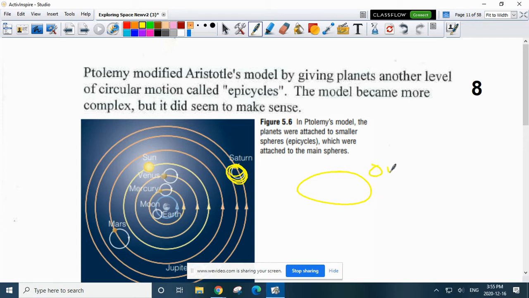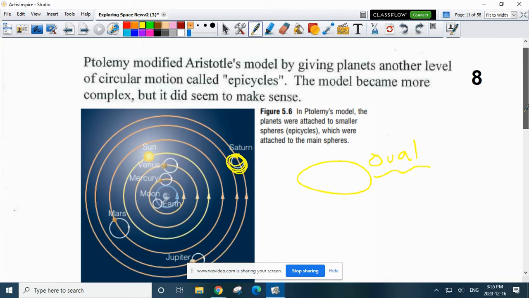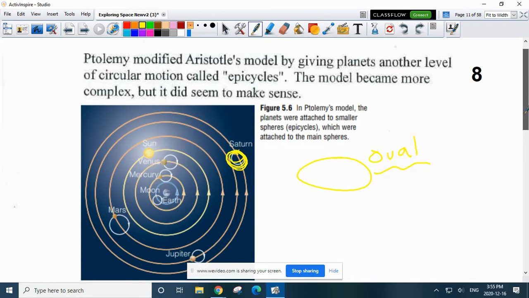You get an oval shape, which, by the way, is the shape that the planets are moving around the sun, not the Earth. So the epicycle, Ptolemy's idea, tried to keep a model in play that really was over. When I draw it like that, it looks like a sperm. Oval shape.